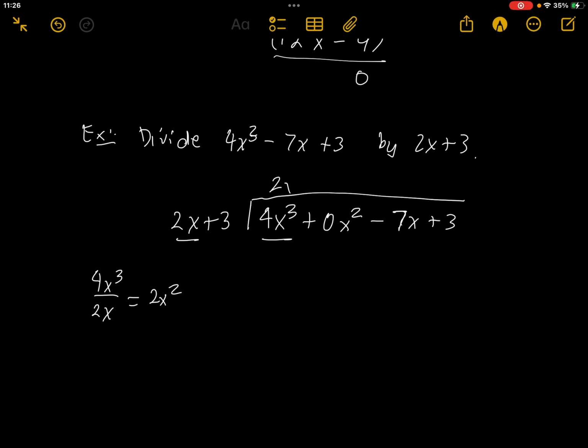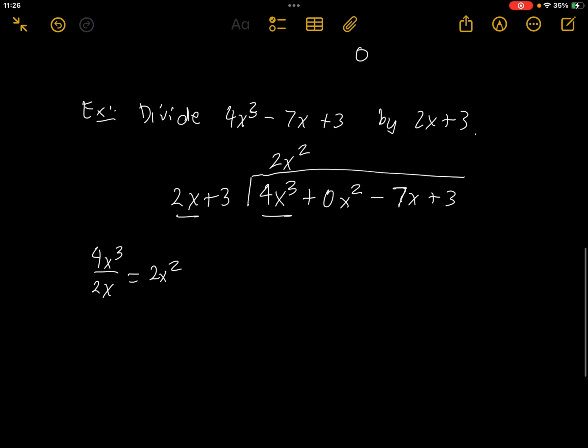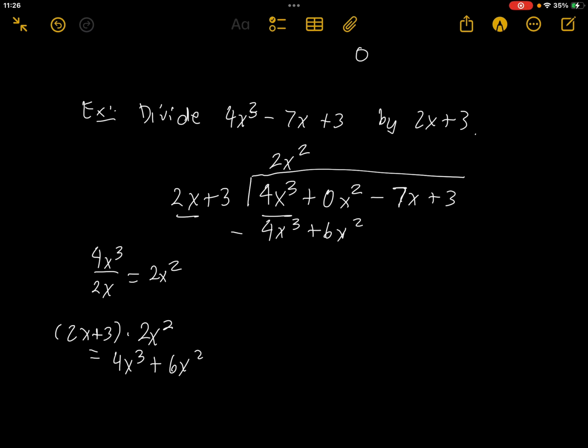So we put a 2x squared here. Then you multiply the divisor by 2x squared. So if you take 2x plus 3 times 2x squared, that is 4x cubed plus 6x squared. 4x cubed plus 6x squared. And then we subtract, because we're trying to see what we're left with.